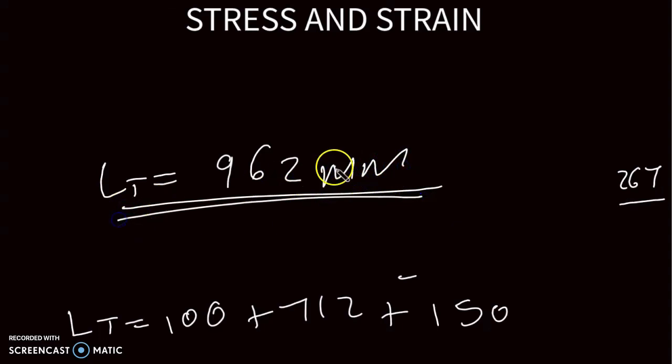So whether you put this in millimeters or in meters, it's up to you, unless stated that you must leave the answer in millimeters or in meters. If that's what they say, then you must give it the SI unit that they asked for. In this case, they didn't say, so I'm choosing to leave it in millimeters.